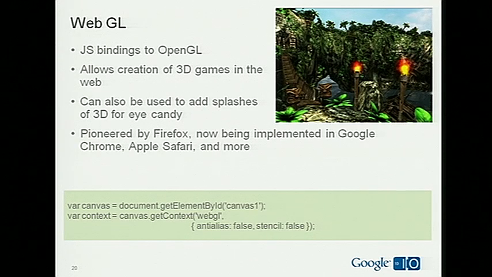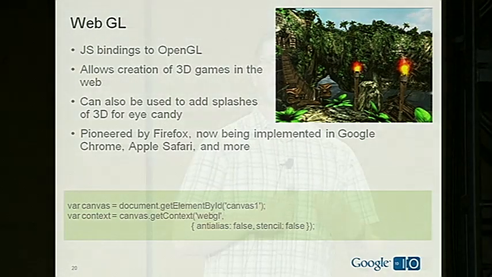WebGL was actually pioneered a while ago by Firefox, and Google also did work in this area with O3D. There's some differences between WebGL and the O3D work that we did earlier. Namely, with O3D, you build up a scene, and that scene is retained, so it's called a retained mode API. And you can make changes to the scene. You can say, take the torch and make it lean left, lean right, but you don't redraw the scene each time.